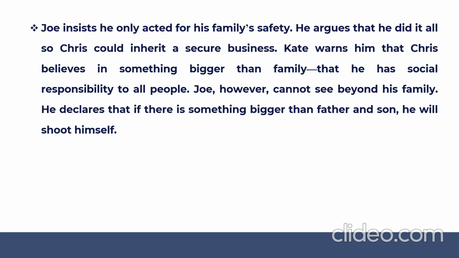Kate Keller warns him that Chris believes in something bigger than family, that he has a social responsibility to all people. However, Joe Keller cannot see beyond his family. He declares that if there is something bigger than father and son, then he will shoot himself.